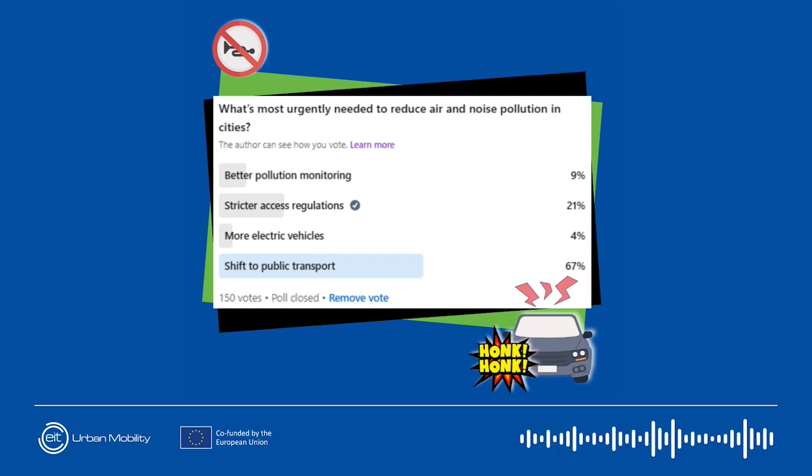There were 4 options: better pollution monitoring, stricter access regulations, more electric vehicles, and the one that was the most voted, the shift to public transport. So the shift to public transport for the community, followed by stricter access regulations, would be the most urgent measures required in cities to address noise and air pollution. My question to you both is, do you agree with that assessment? Amber?